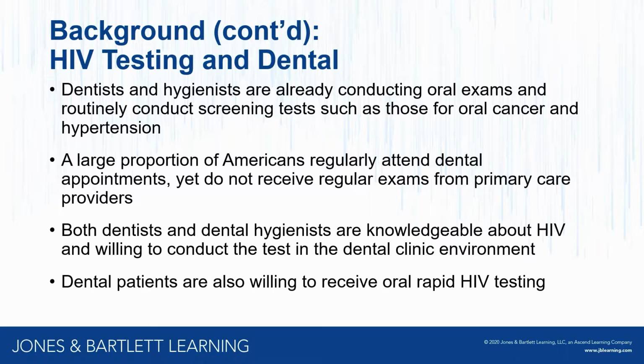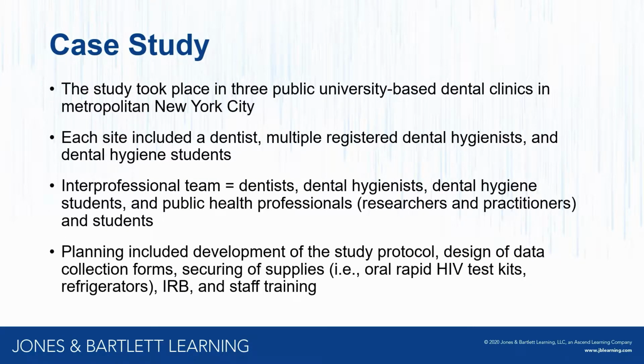So what we did in 3 different public university-based dental clinics in the Metro New York City area is implement rapid HIV testing. Each site included a dentist, multiple hygienists, and dental hygiene students, and was supported by an interprofessional team of public health professionals, including researchers, practitioners, public health students, and local health departments. This team planned the study, and then the dental faculty and students at the 3 sites implemented it.